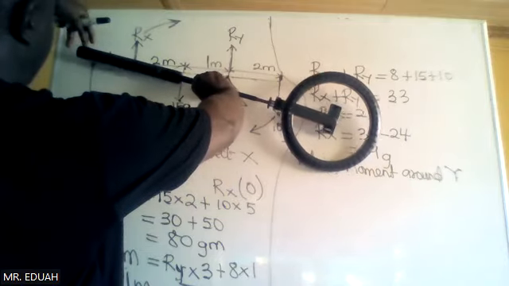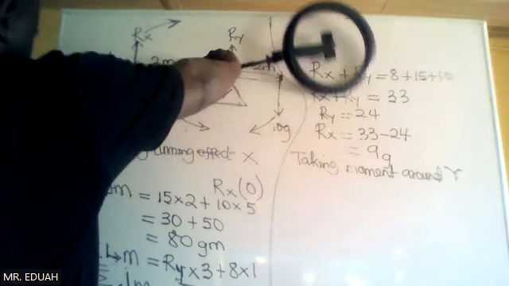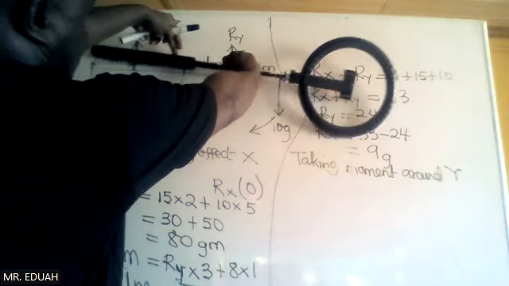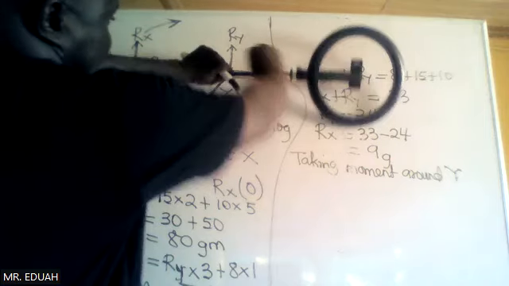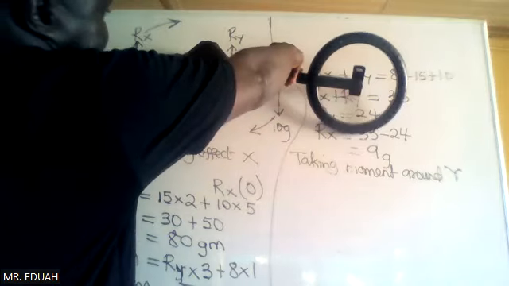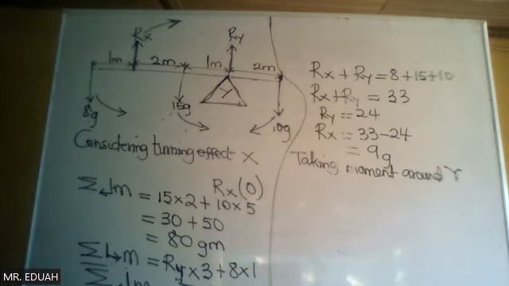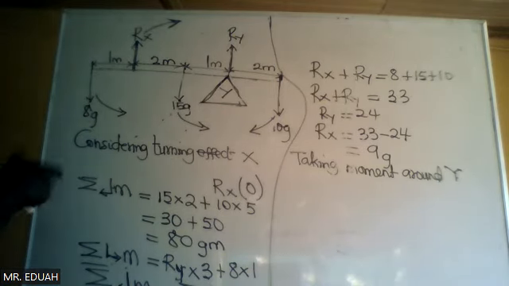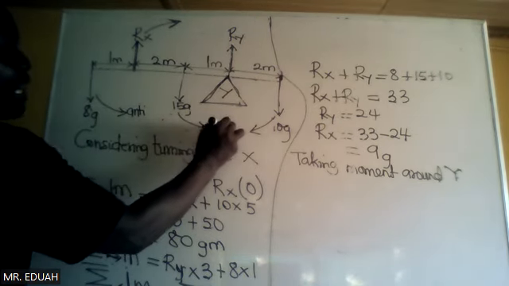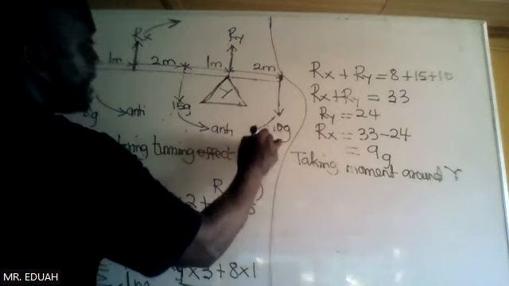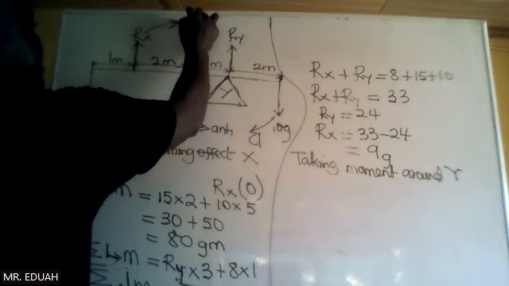The force is acting down, so it will turn down, my hand being the pivot. This will also turn around Y down. And for the 10, it will turn this way. So that's the reason why this is anti-clockwise, this is anti-clockwise, and this is clockwise. This will also go clockwise.